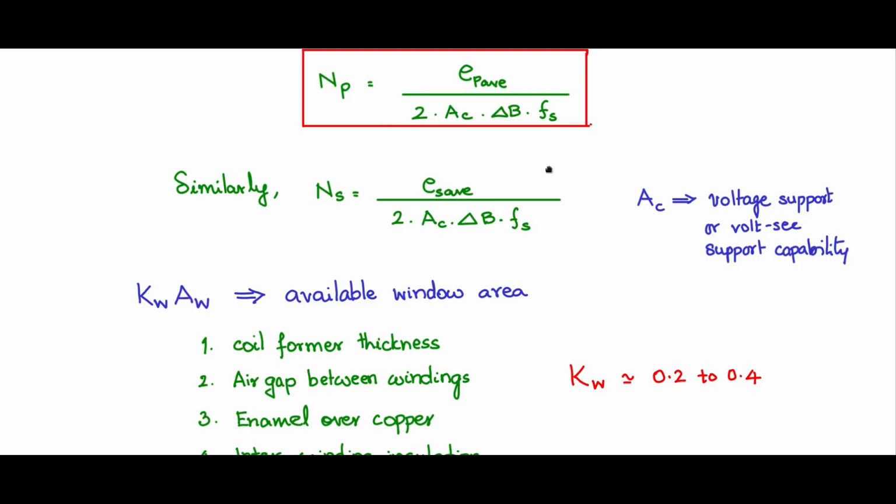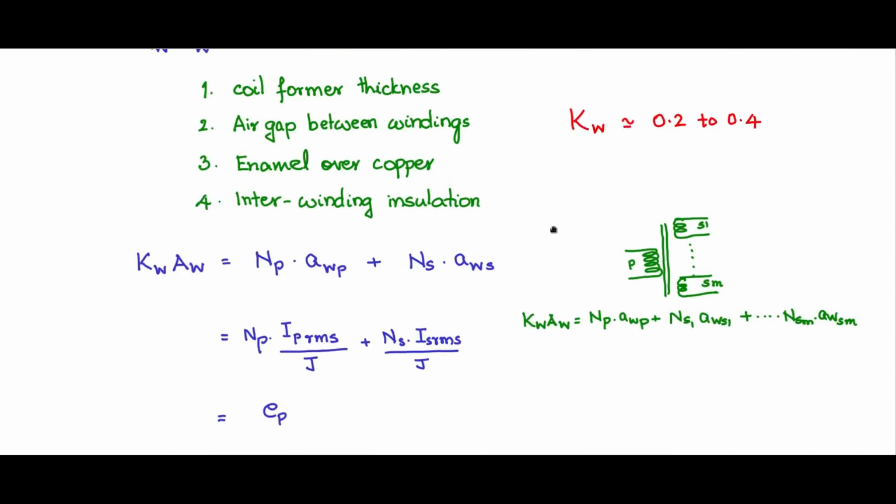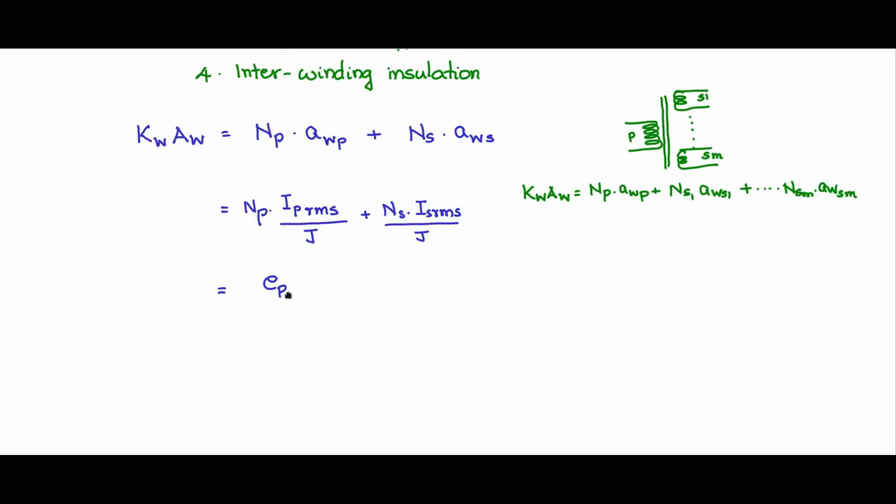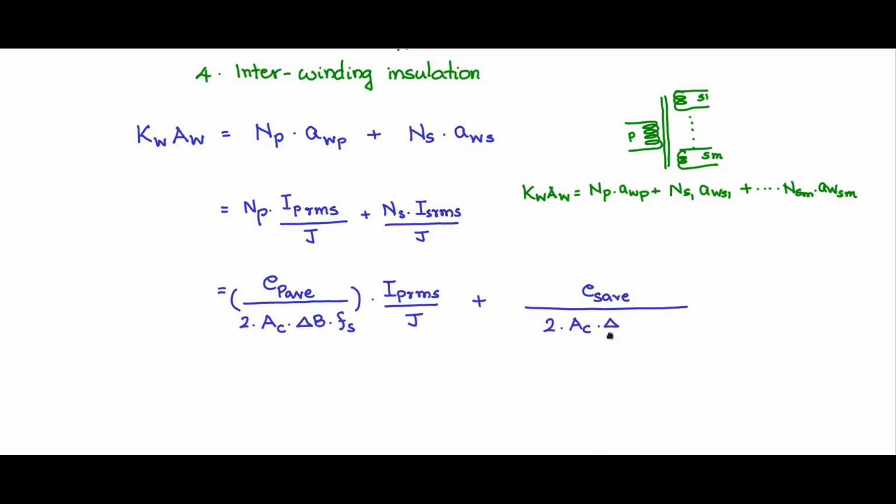With respect to the other parameters, the core cross section area, we will replace it accordingly. So EP average by 2 AC delta B Fs times IP RMS by J, plus for NS I will put ES half cycle average by 2 AC delta B Fs into I secondary RMS by J. So now you see here AW, AC, AC.